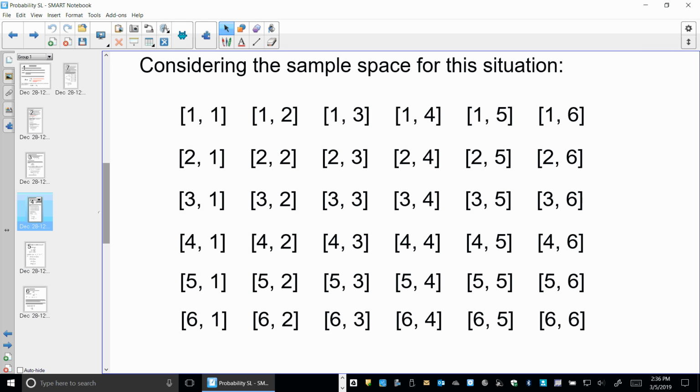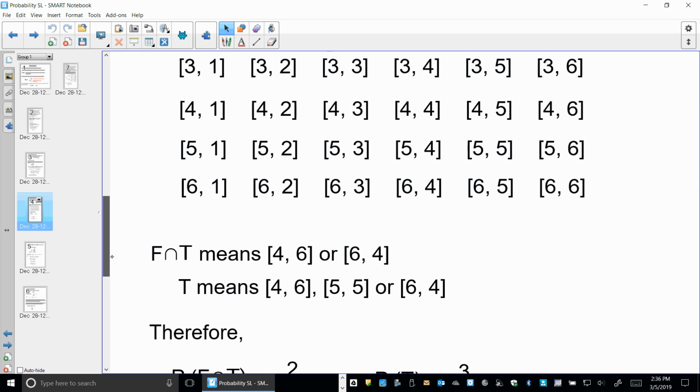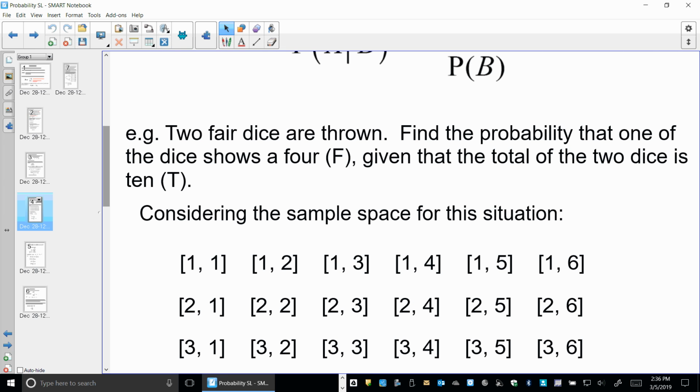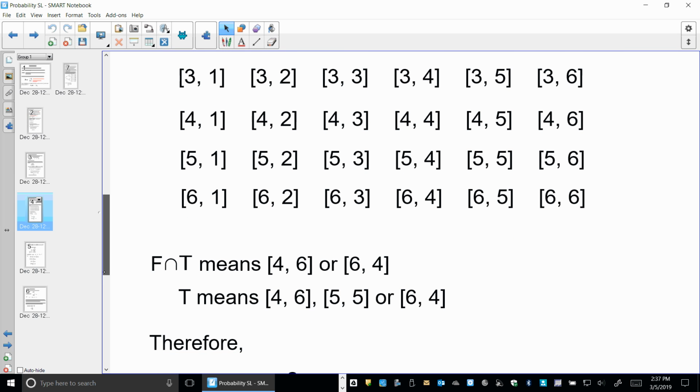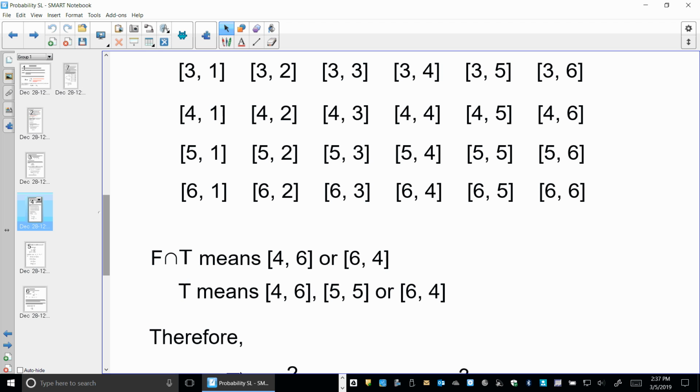So here we start with 1, 2, 3, 4, 5, 6. We can see there's 36 options there. If we want to know the probability that a dice shows a 4, given that the total of the 2 dice is 10, we need to find those situations. A 4 and a 10 would be just these 2 situations, and totals that add up to 10 would be these 3.